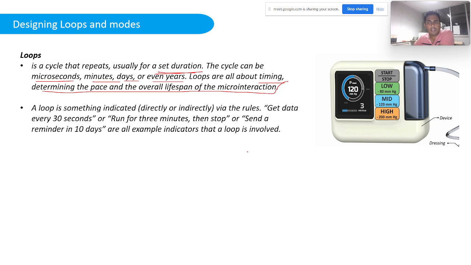So rules are, as I told you, like when you are sensing a particular sensor, for example. How often will you be sensing that sensor?